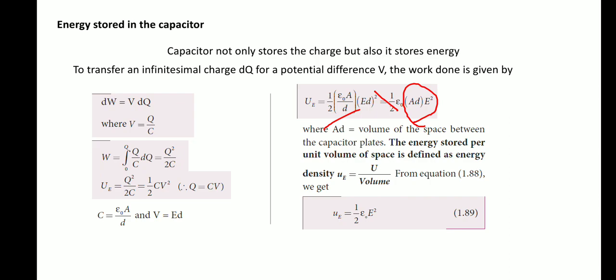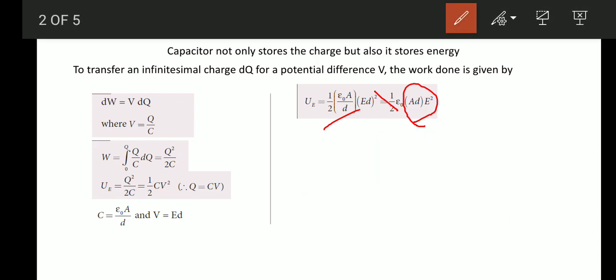The energy stored per unit volume of the space is defined as energy density, that is potential energy per unit volume. So this equation is divided by the volume AD. So AD gets cancelled.